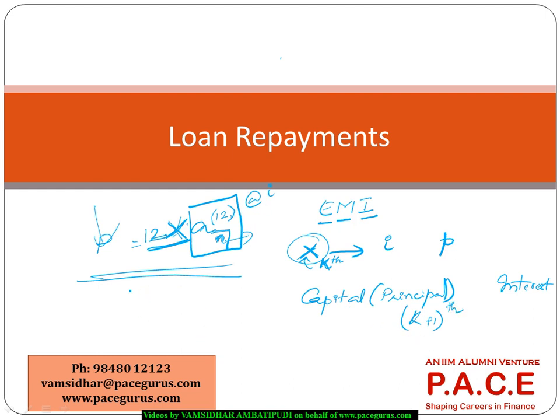All I can do is find out the present value for K period. I'll do it as 12 into X, A K, 12.